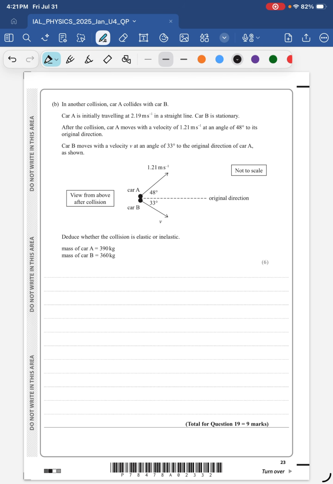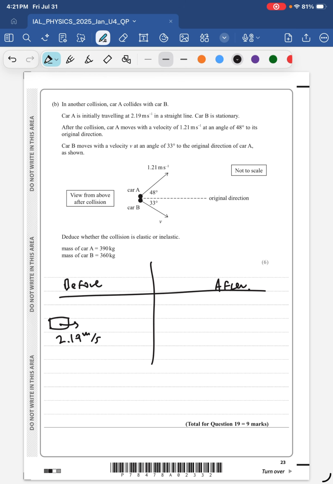So basically you have to find the speeds now, because the speed of car B is unknown. So let's divide the situation into before and after. Before, we have car A traveling with 2.19 meters per second to the right, and B is stationary.